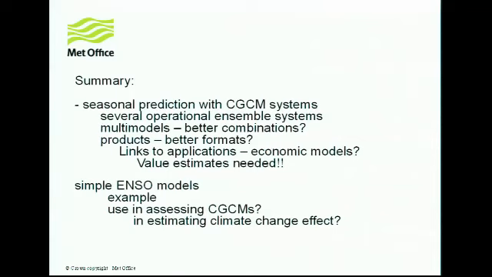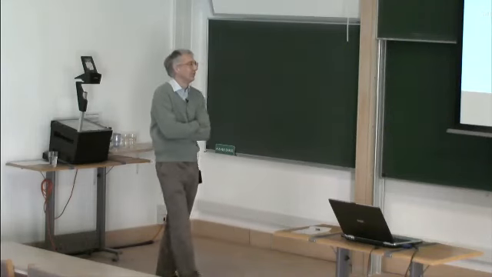So there's quite a lot to be learned about the capability of climate model long-range greenhouse gas predictions from the behaviour of the seasonal range systems as well. And various bits of work have been done in the seasonal context, such as combining multi-models. Again, there's some overlap there with what people want to do with the greenhouse gas trend, combining information from various sources.